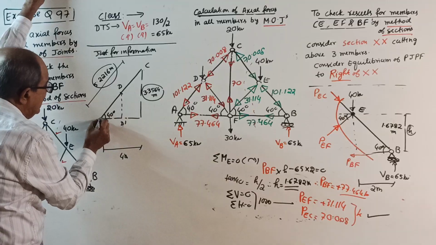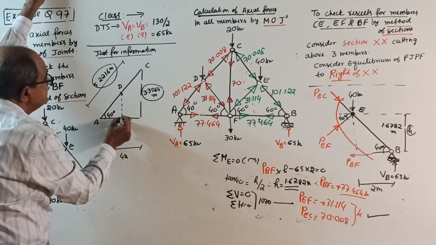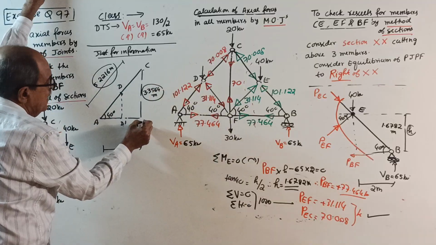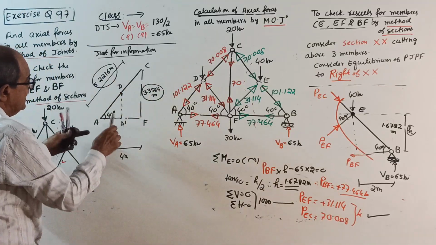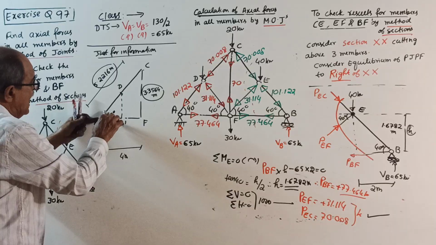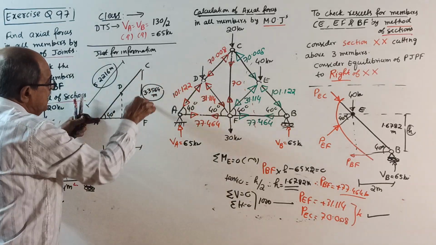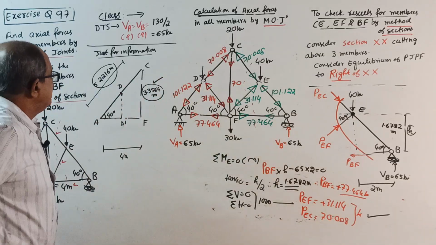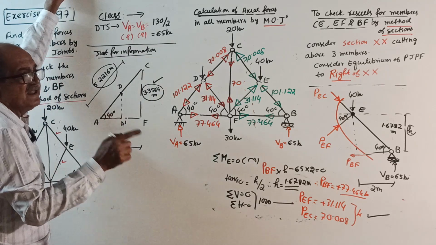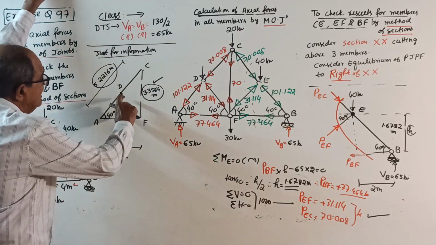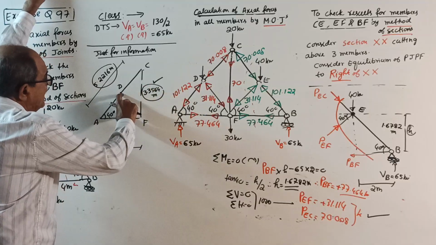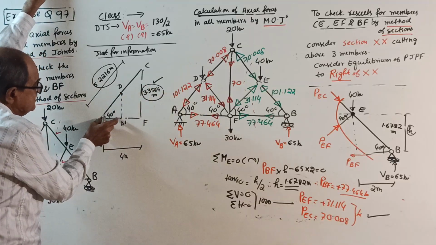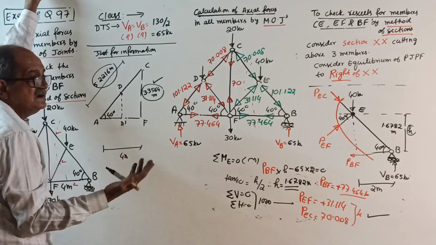You require AD dash, DD dash and CF height. Do one thing. I will dictate: tan 40 equals CF divided by 4, height will come. Write it. Then once you get that height, using mathematics this height is half of that height and this length is half of this length directly.